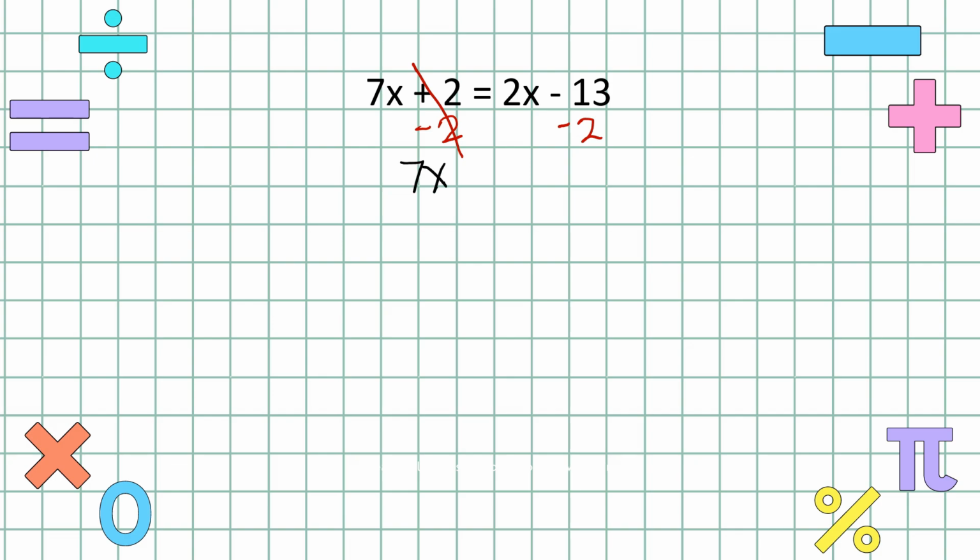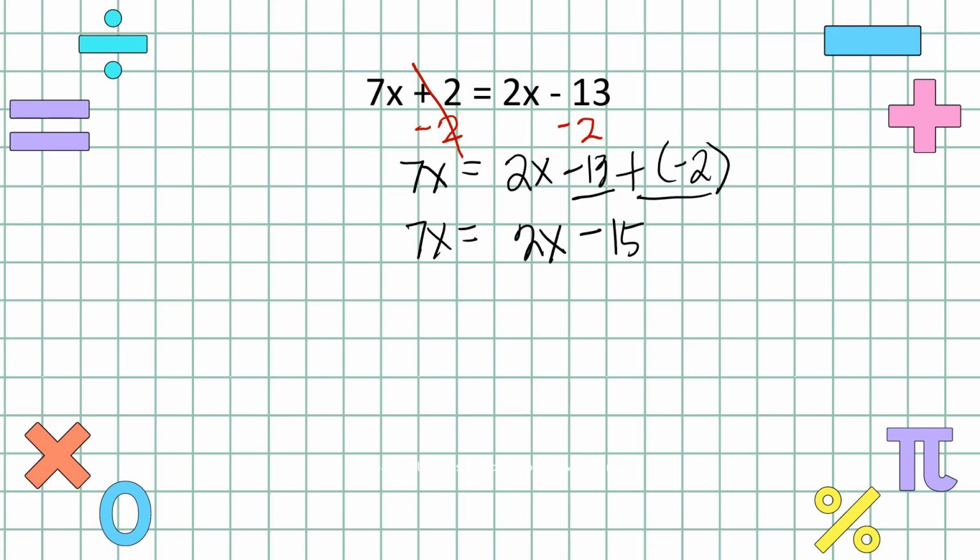Then we'll have 7x is equal to 2x minus 13 plus a negative 2, and this is simply 7x equals 2x minus 15.